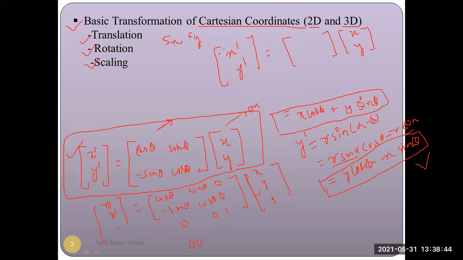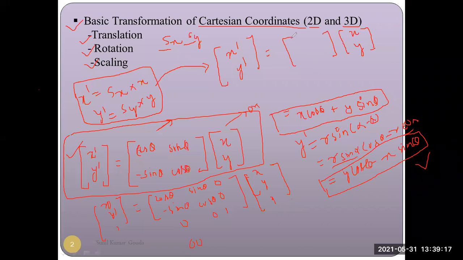After scaling by sx and sy, what should come? x dash should be sx into x, and y dash will be sy into y. Is this your equation or not? So if I want to write it in matrix format, what will be this transformation matrix?